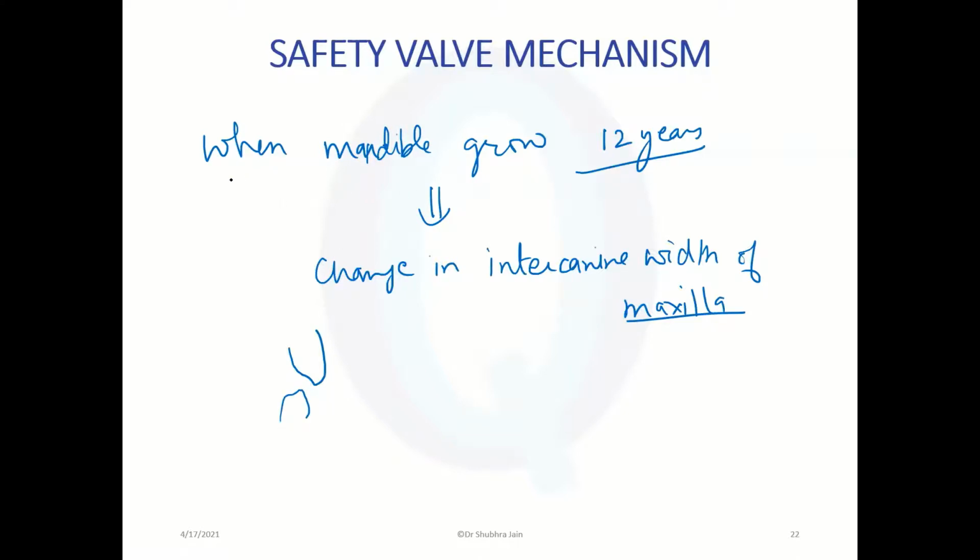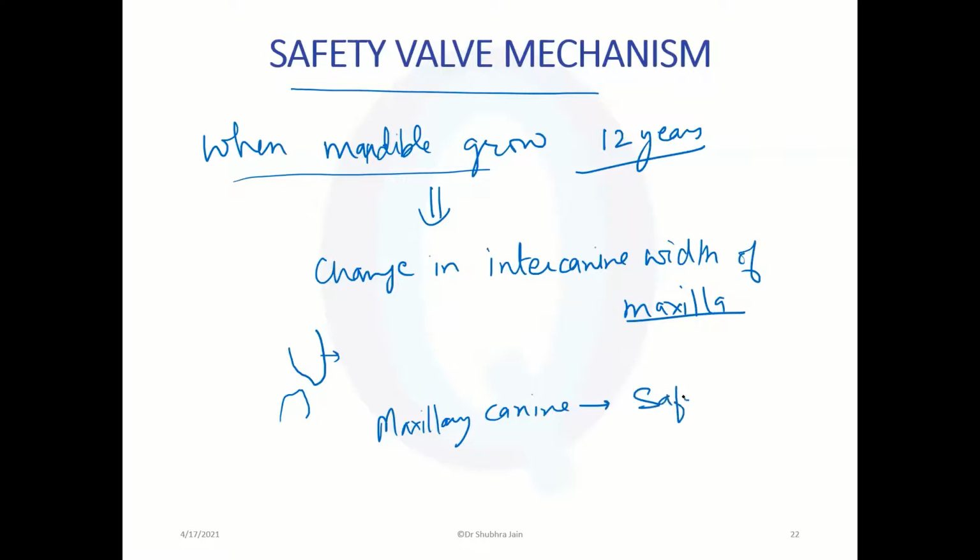So when the mandible grows around 12 years of age, the maxillary canines play the role of a safety wall for the growth of the mandible.